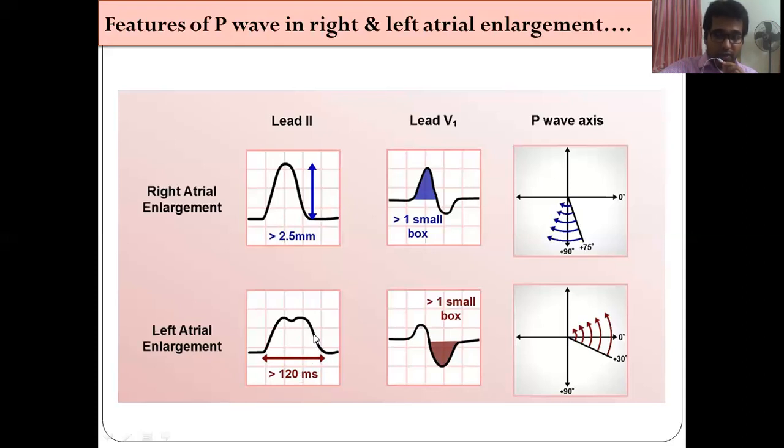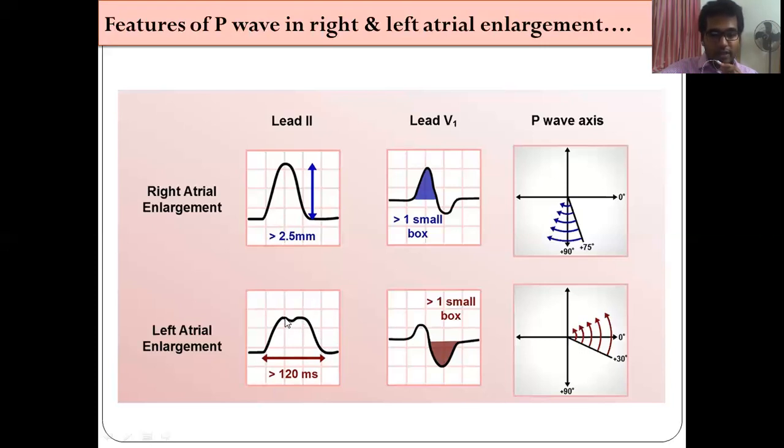And due to the increased voltage or amplitude of the second half of the P wave, the appearance of this P wave becomes bifid or notched, like an M pattern. This pattern of P wave is called P mitrale.